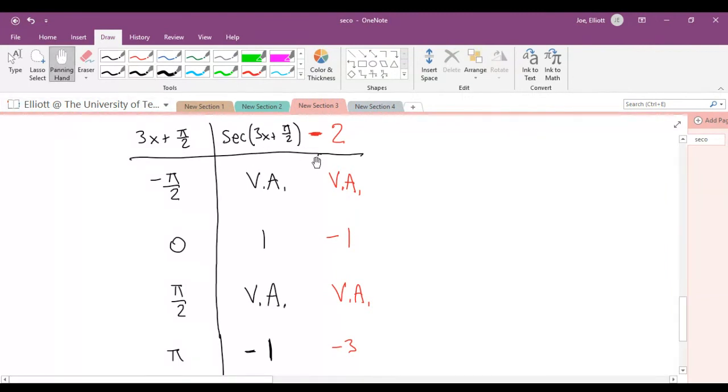But then we need to compare our function versus x. And right now we have it compared versus this whole expression, the argument of our function. So what we also have to do here is kind of work backwards from this to solve for x.